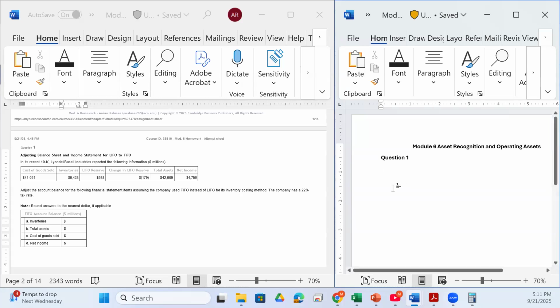So what is LIFO? LIFO is last in, first out. And FIFO is first in, first out, right? So under LIFO, as the name suggests, the company moves the most recently acquired inventories to the cost of goods sold first.